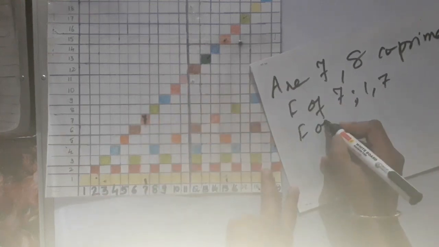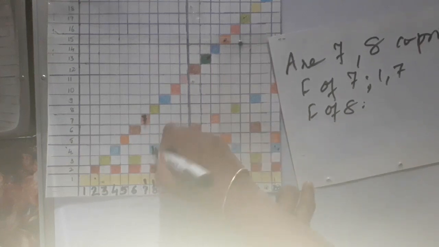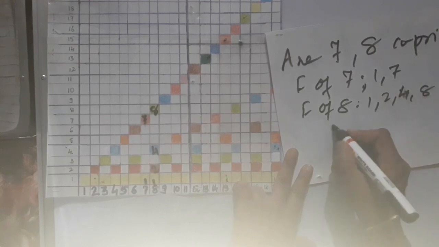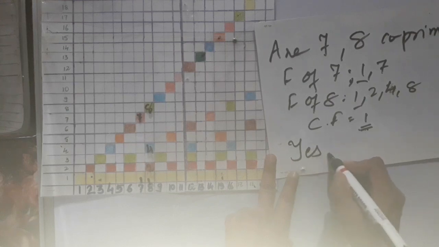Factors of 8 we will have as 1, 2, 4 and 8. Now which are the common factors? You can see that 1 is the common factor, whereas the others are not. So it has only 1 as a common factor. So yes, they are co-primes.